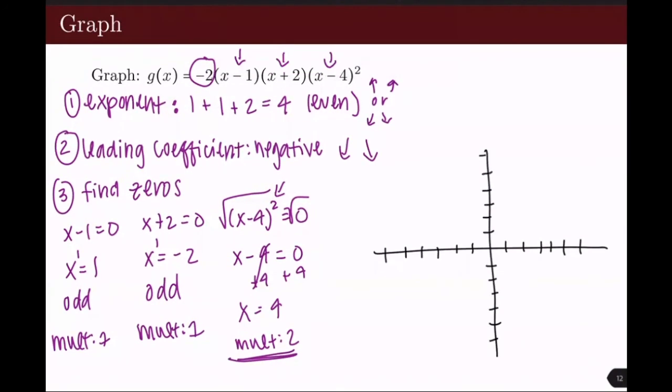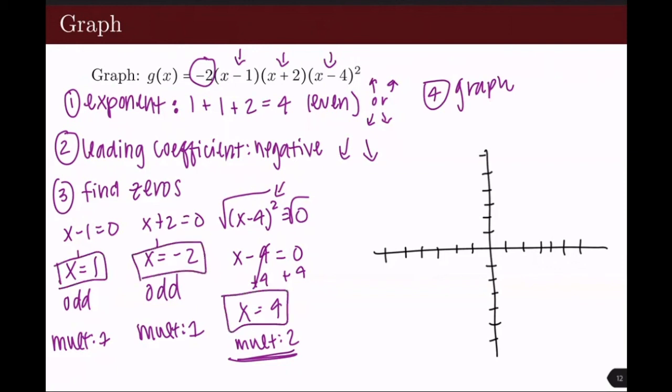Graphing the function is technically the last step. You could think of it as step 4 would be to actually draw out your graph, okay? So first, on graphing, I'm going to put down my zeros. So I have x equals 1, x equals -2, and x equals 4.